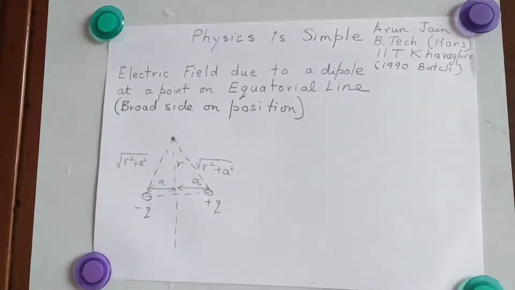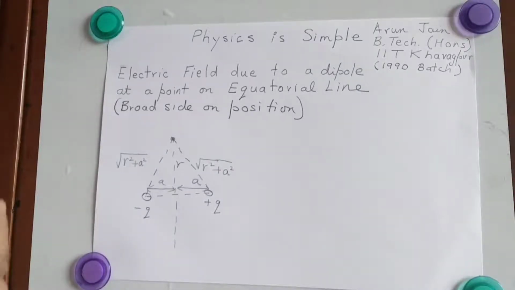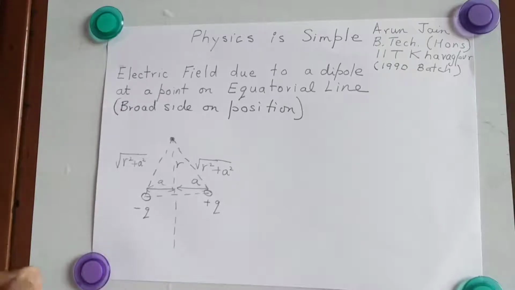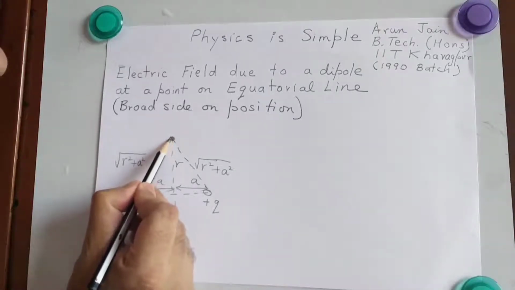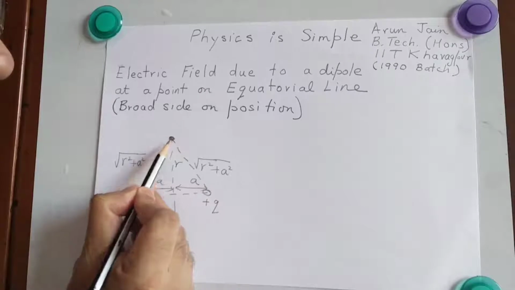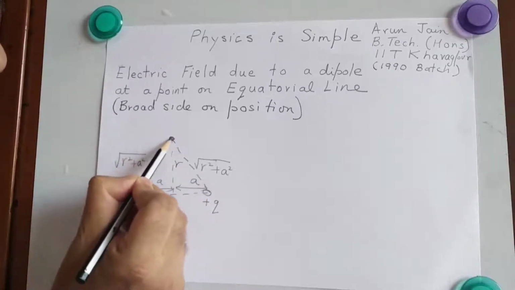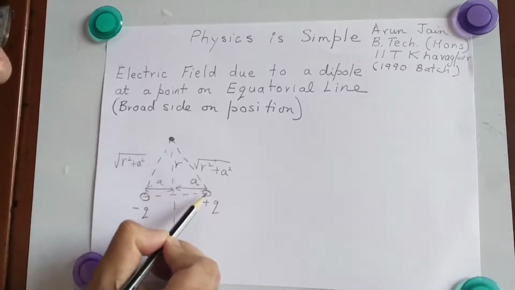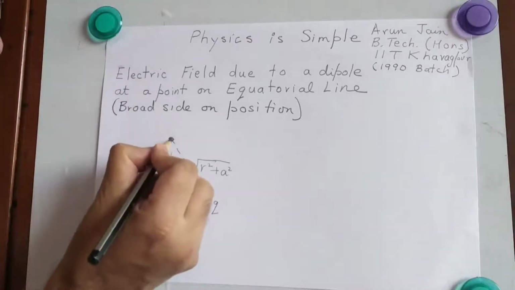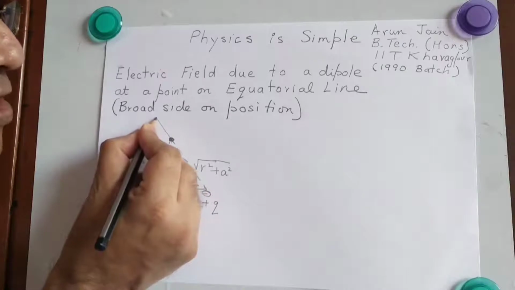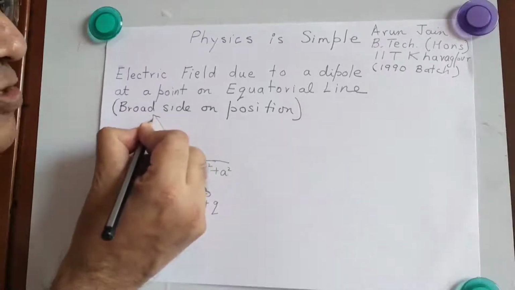Now first let us try to look at the electric field due to the plus charge alone. To find the direction of electric field, we can imagine a positive test charge here. The direction of the force on that positive test charge is the direction of electric field. So this plus charge will create an electric field away from itself in this direction.